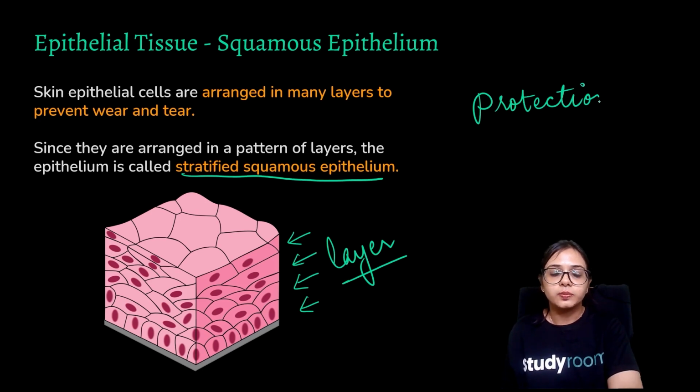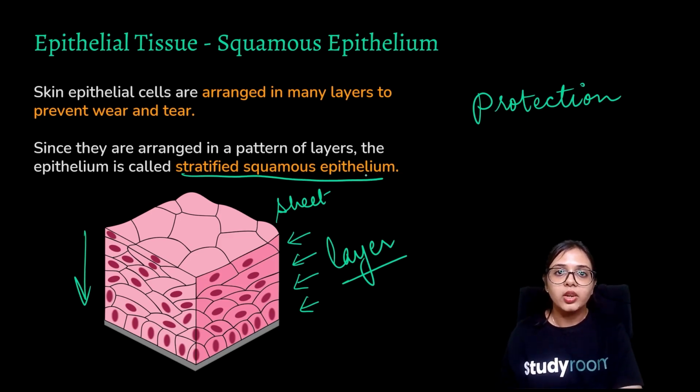The uppermost section may look like a sheet, but when you go inside, you find that there are several layers stacked on top of one another, and that is because of the stratified squamous epithelium. Its name is owing to the arrangement of the pattern of layers that we find in this sort of tissue.